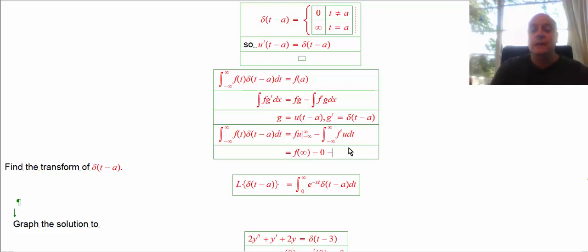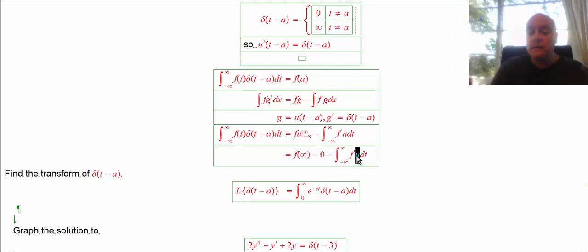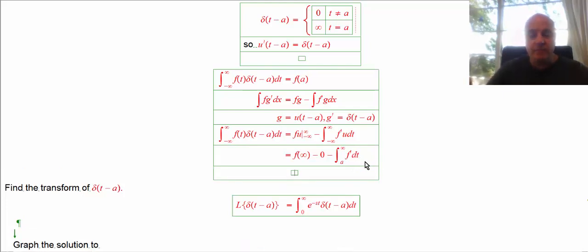Minus, let's do our integral here again. Before a, our Heaviside step function is 0, so I can start this at a. After t equal to a, the Heaviside step function is 1, and now I'm just integrating f prime from a to infinity. Well, integrating f prime just makes f.